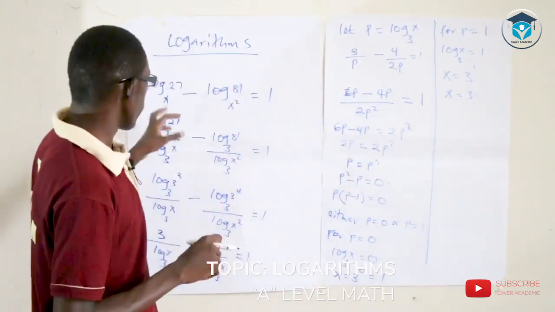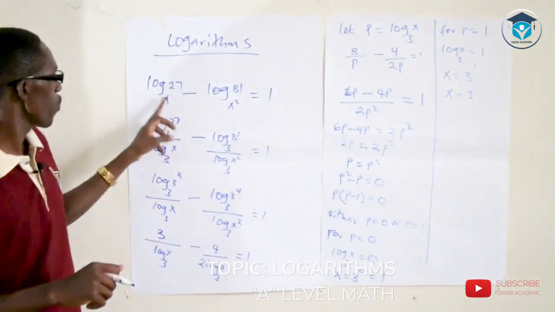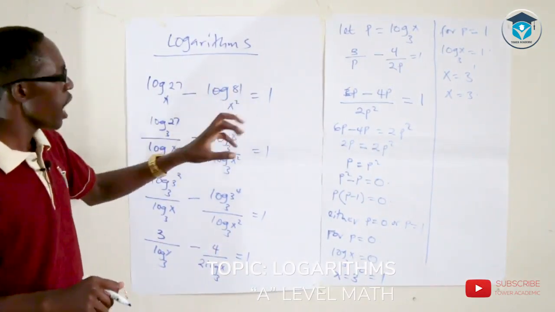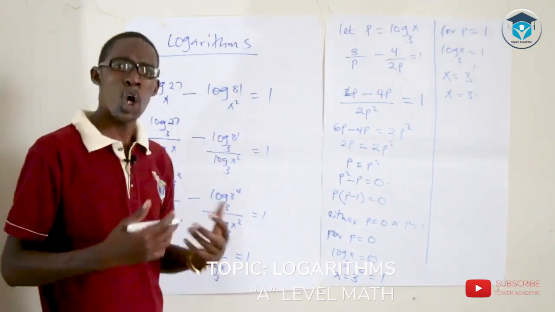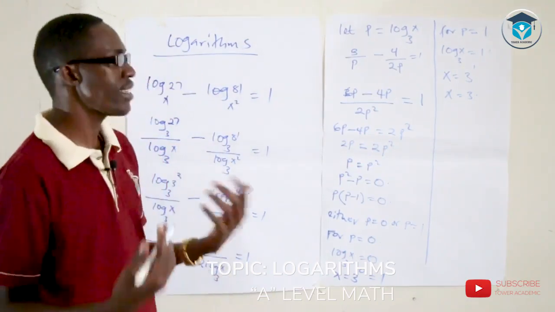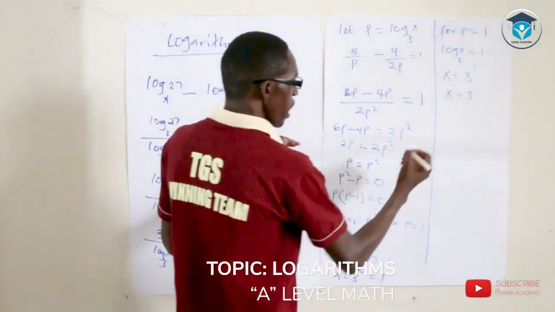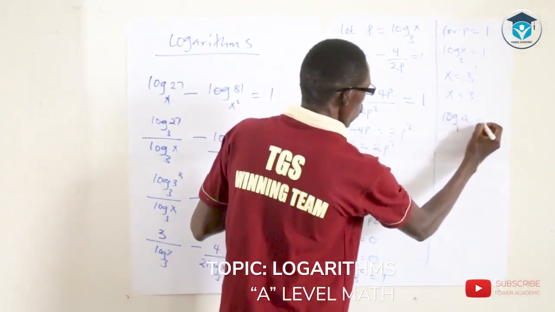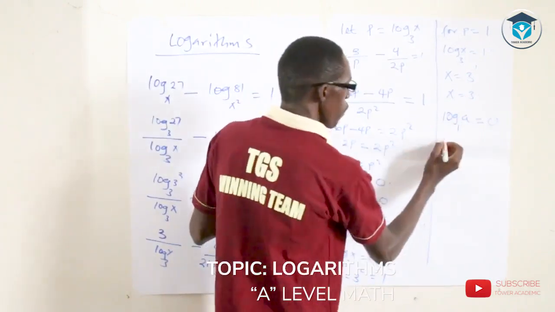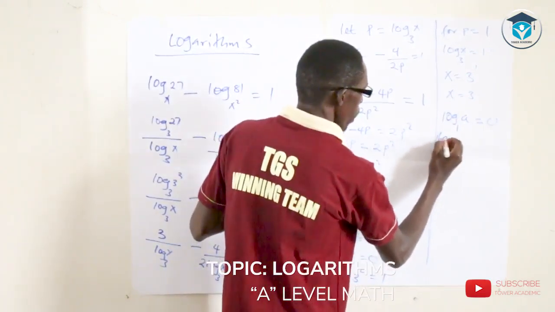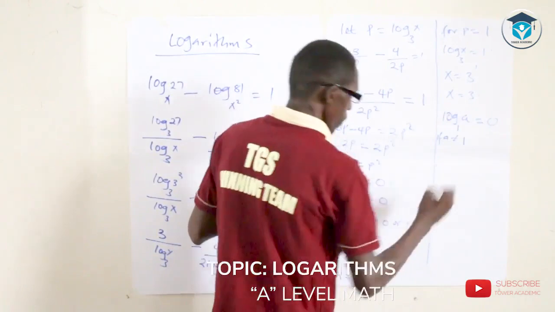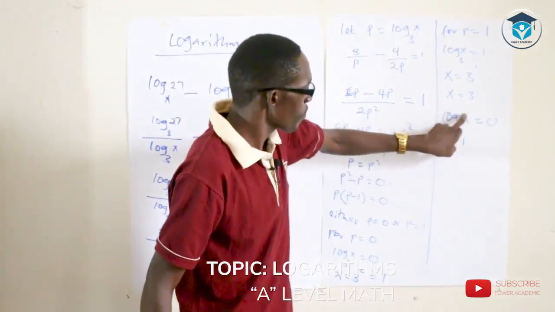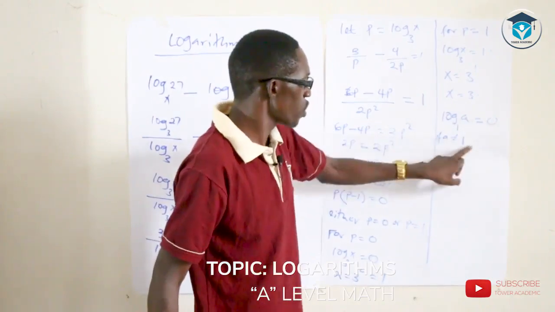So we go back here. We look at the equation. It is log of x 27 minus log of x squared 81. Now we go back to the principles, the laws of logarithms. What do they say? We know very well that log of 1 to base a is always 0 if a is not equal to 1.